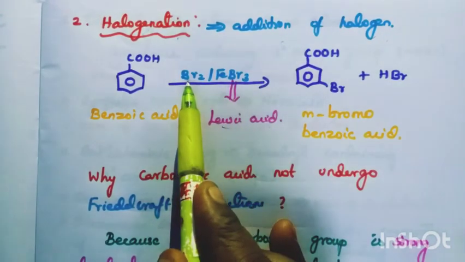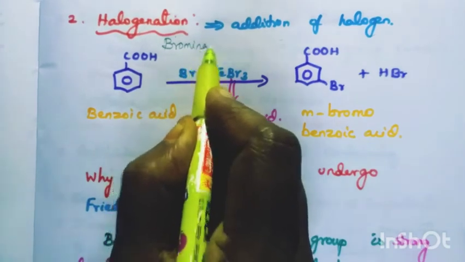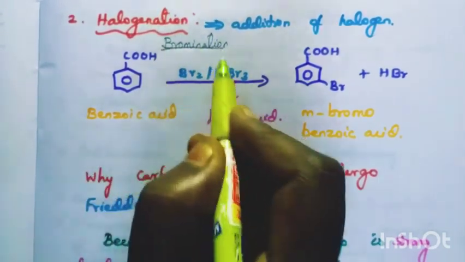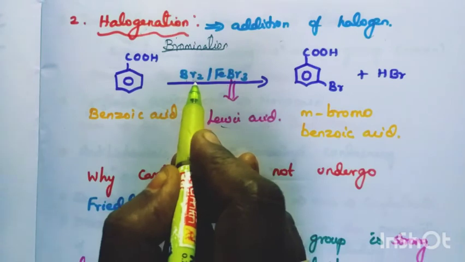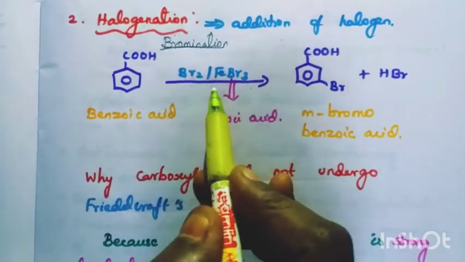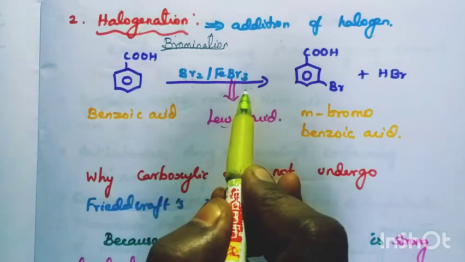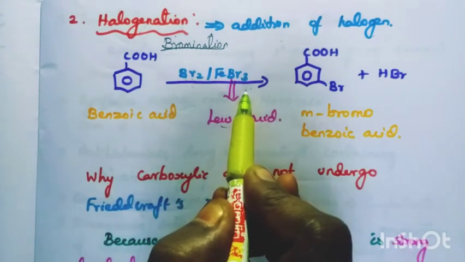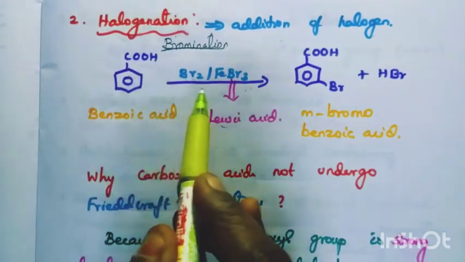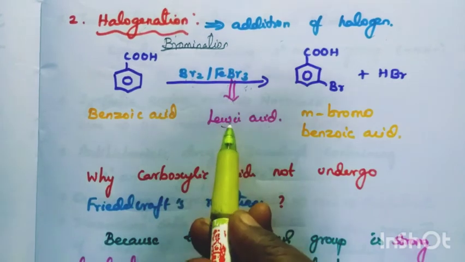If we take bromine, this process is bromination, so we use ferric bromide. Chlorination means ferric chloride. For any halogen, you have to take the corresponding Lewis acid. So benzoic acid reacts with bromine and ferric bromide. Ferric bromide is the medium, the Lewis acid.